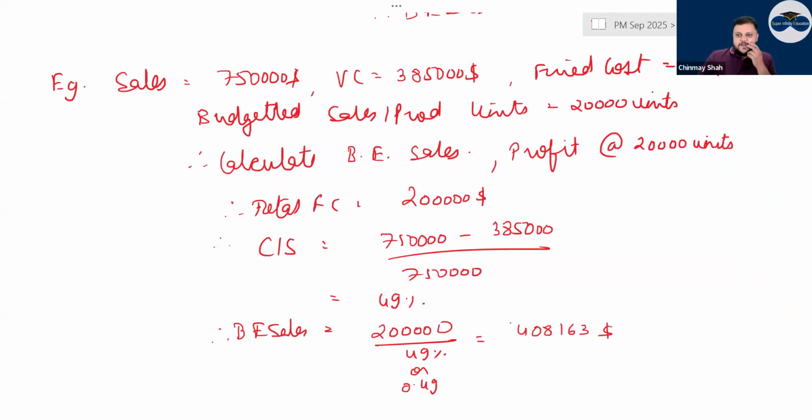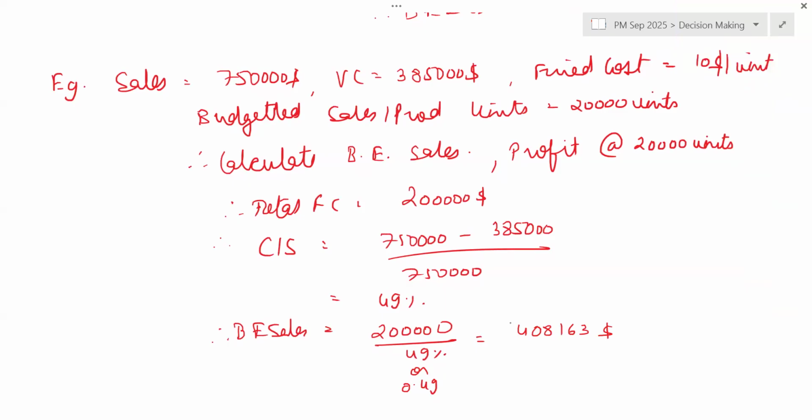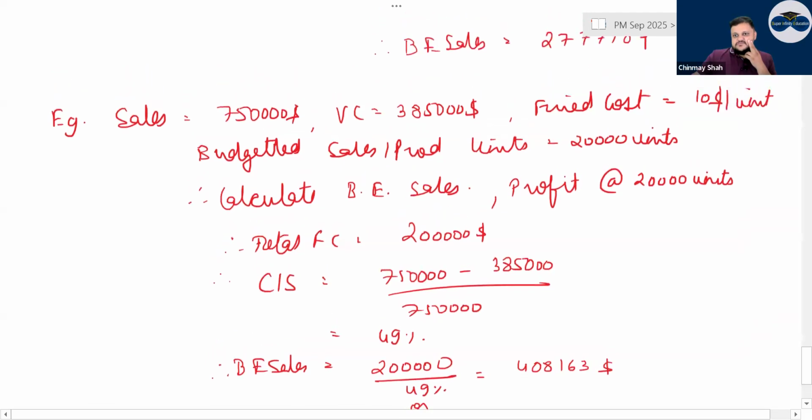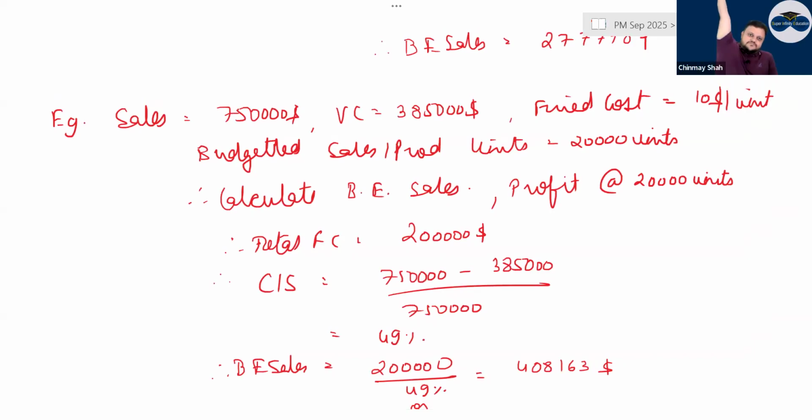हाँ, बोलो. How do you find profit at 20,000? Can you find profit at 20,000 units? Profit at 20,000 directly दिया है.